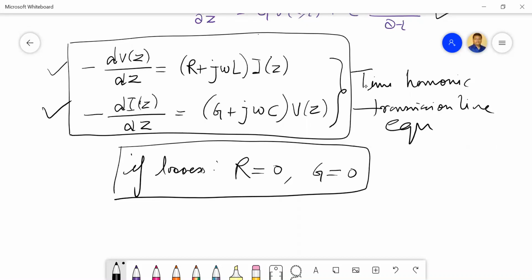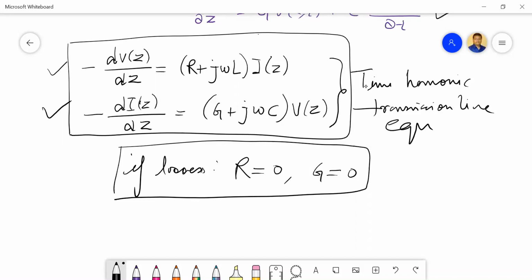Please check. Now what we need to do? We need to decouple it. How will you do this? You need to differentiate again with respect to z. Any of your equations. If you redifferentiate with respect to z, you can decouple it.